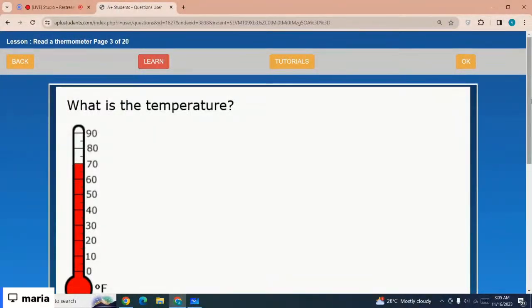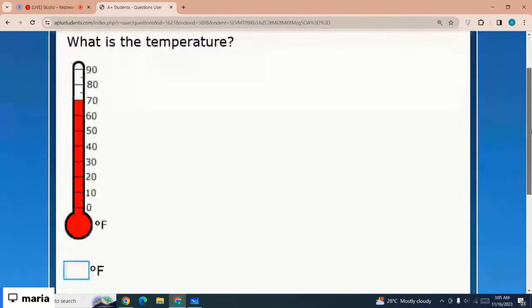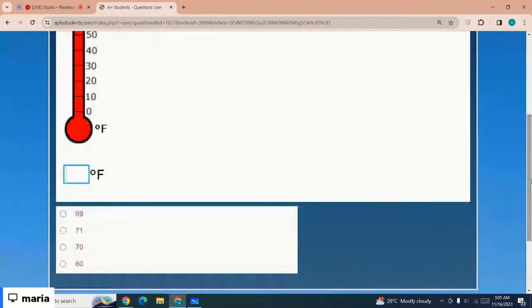What is the temperature? Which is the correct option? You need to match the line where red is ending. That is 70 degrees Fahrenheit.